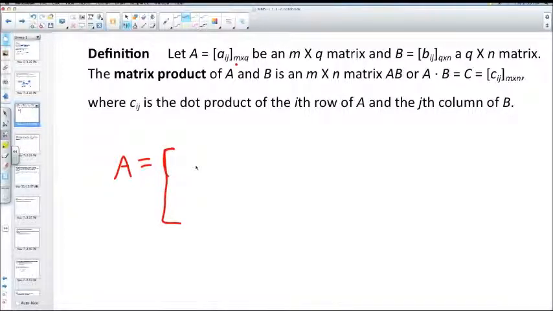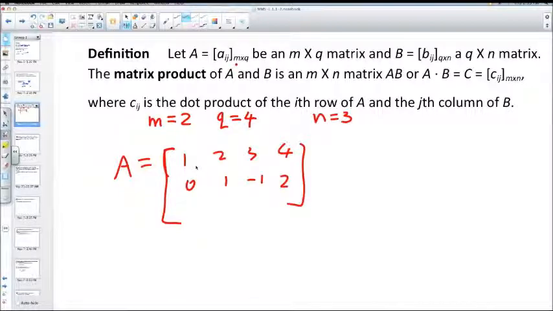Let's say M equals 2, Q equals 4 and N equals 3, that's a little easier for you to follow. So that's the first one, A. It's 2 by 4. And B is a 4 by 3.